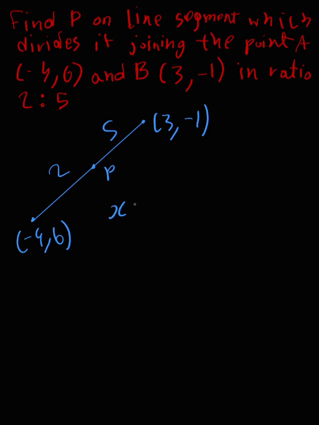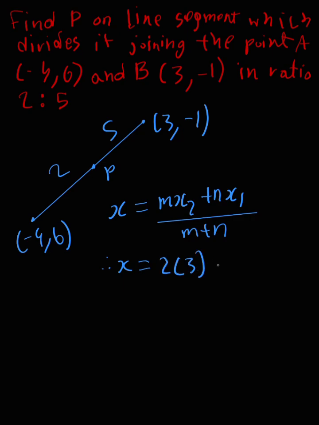So here P's x value is equal to mx2 plus nx1 upon m plus n. Therefore, we can say that x is equal to 2 bracket 3 plus 5 bracket minus 4 upon 2 plus 5.